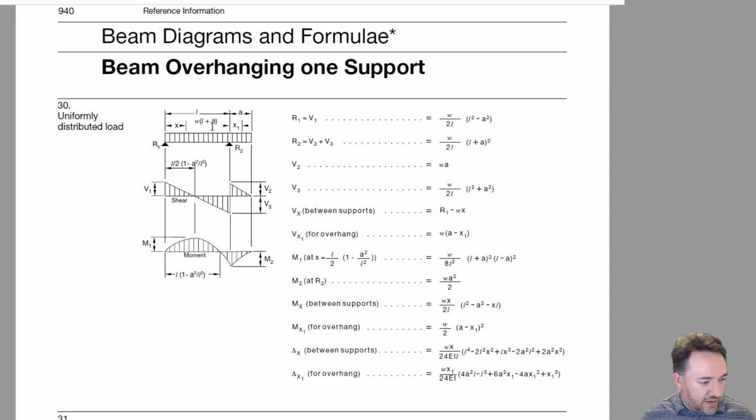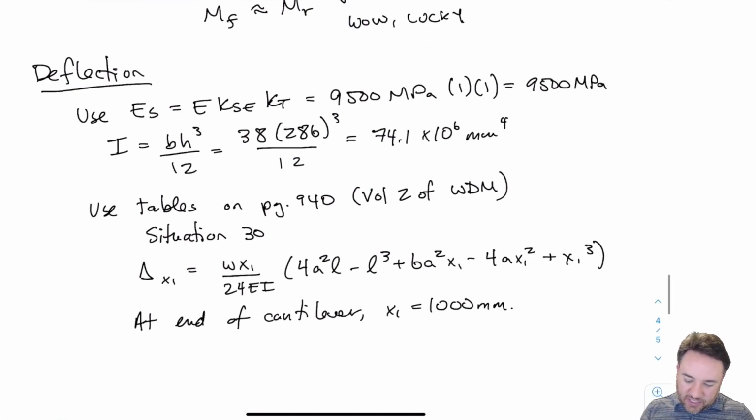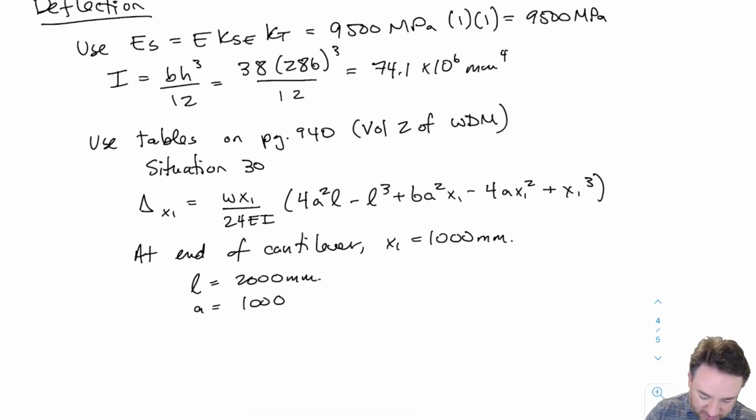E and I are obvious. So at the end of my cantilever, X1 is 1,000, my L is 2,000 millimeters, that's my main span, my A is 1,000 millimeters, that's my cantilever span. My W now is what? It's 5.0 newtons per millimeter.